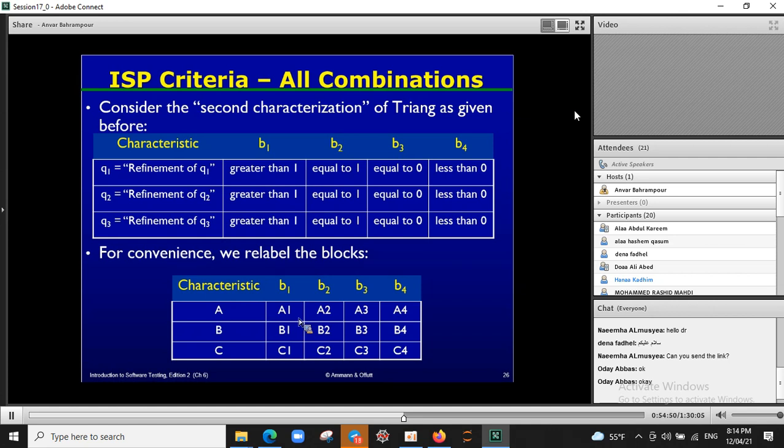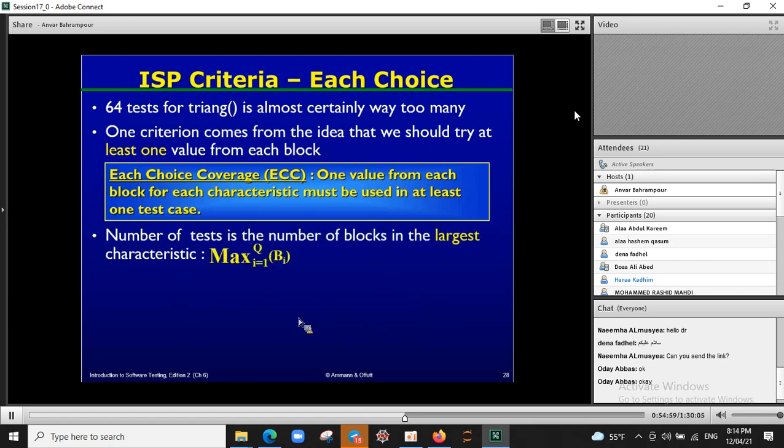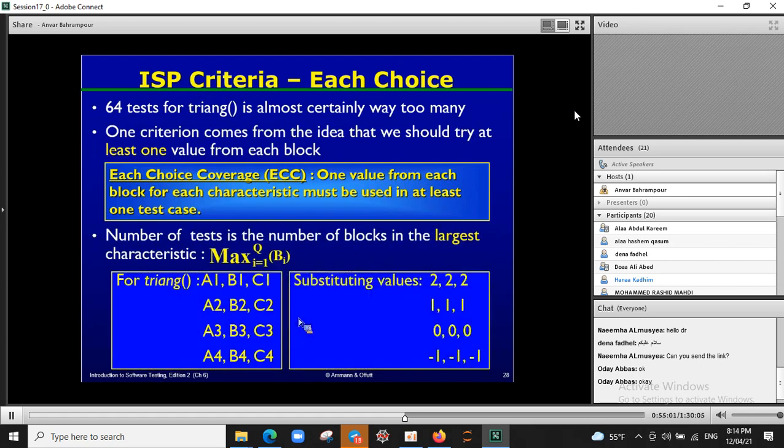So we should search for other coverage criteria between these two.